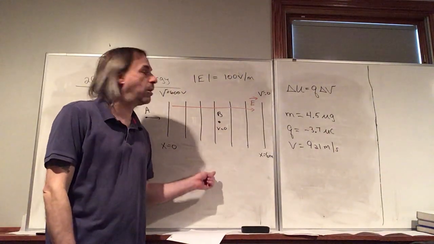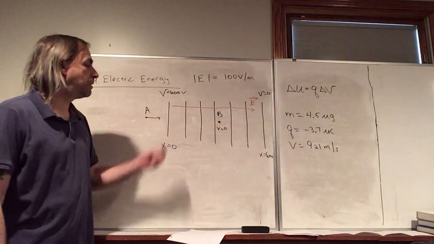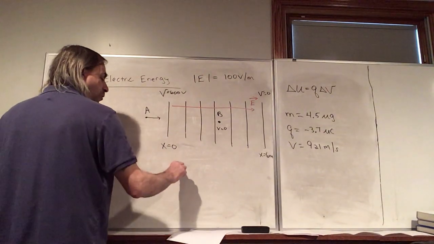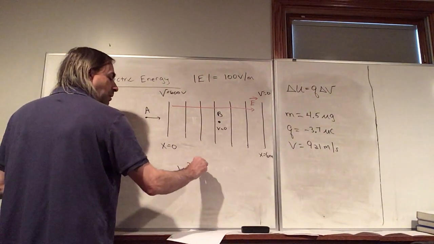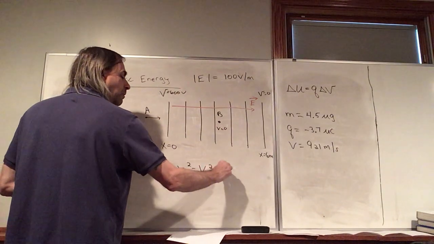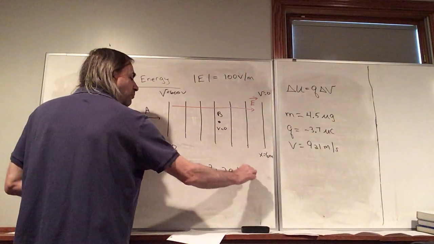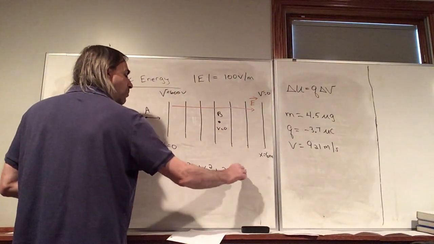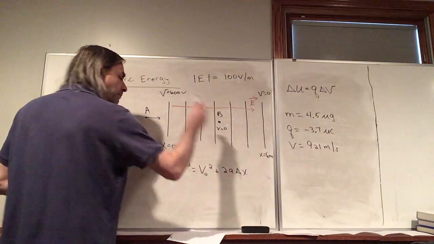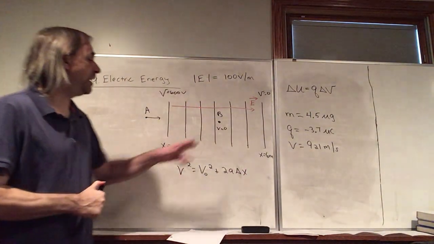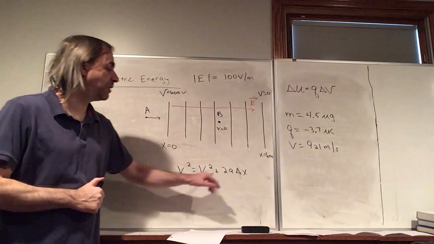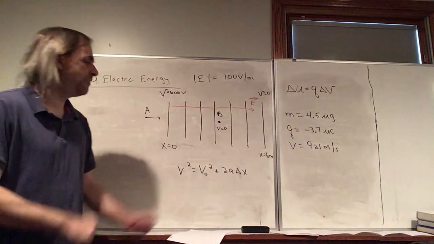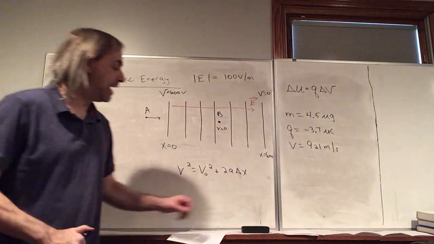We could find the acceleration and then use this equation, if you remember it all the way back from chapter 2 in 121. The final velocity would be 0, that's its initial, the acceleration would be negative. We could solve for delta x, but we're not going to do that.